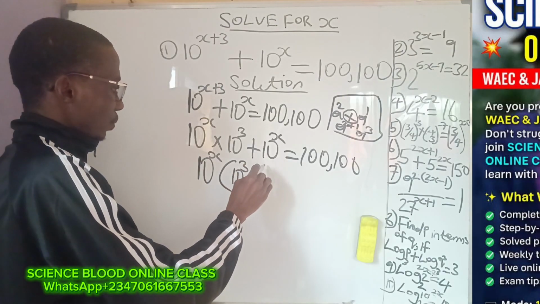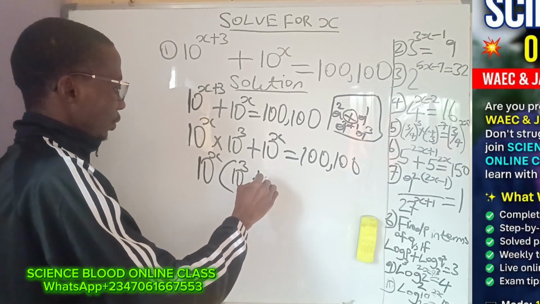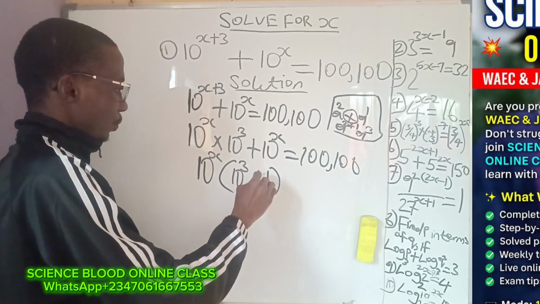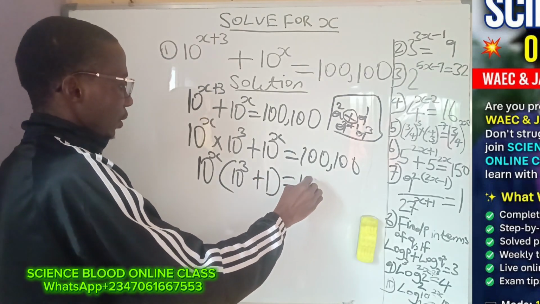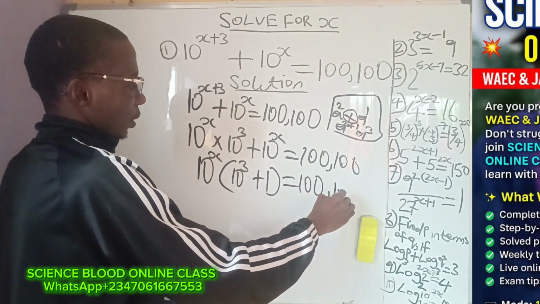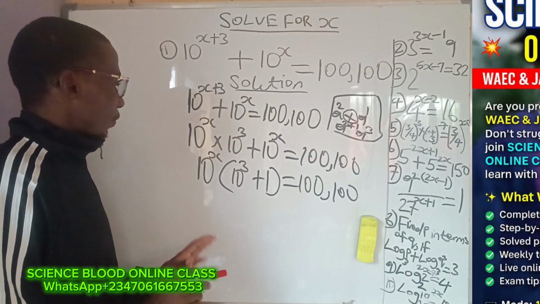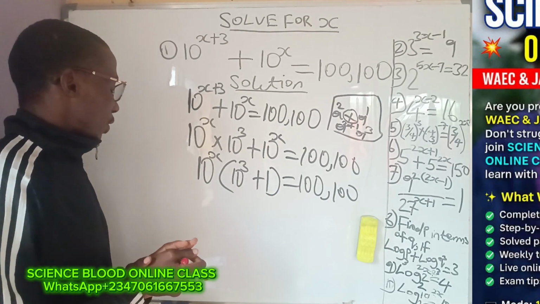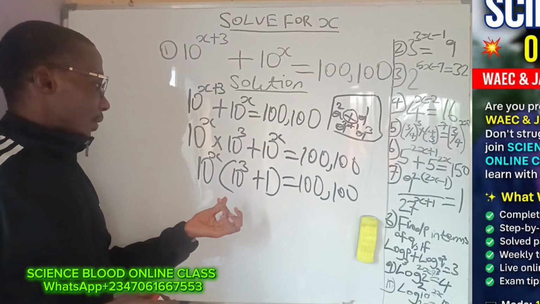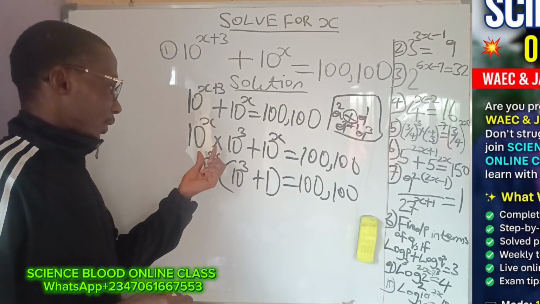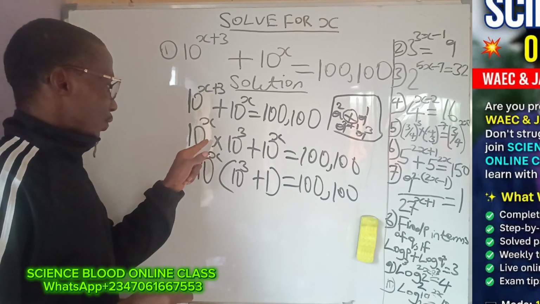When this cancels this, what is remaining is 1. Close bracket, equals 100,000. Now let me make it more understandable. The common factor is 10 to the power of x. When this is multiplied by this, you get this.